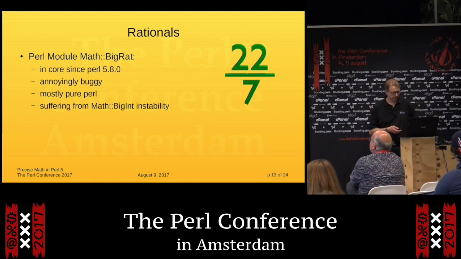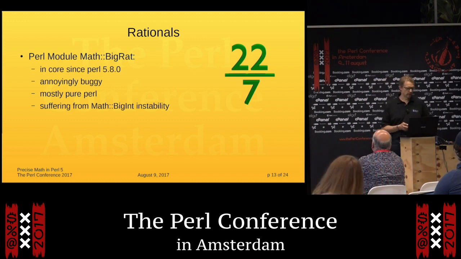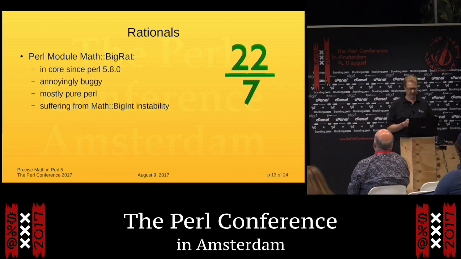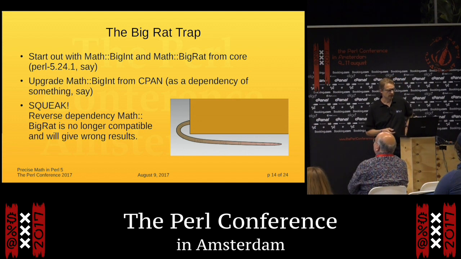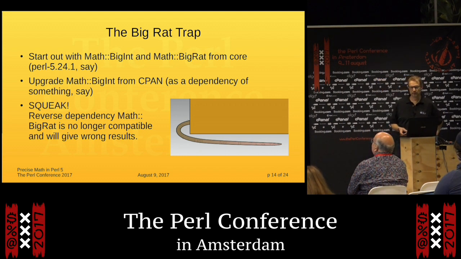One thing that was particularly difficult to live with was what I call the Math::BigRat trap. The BigRat trap. It goes like this. You start with a fairly recent Perl and the big number modules it brings with it.